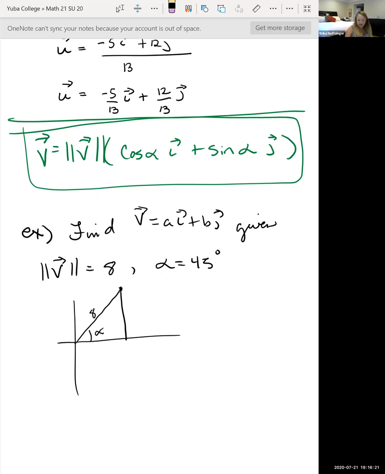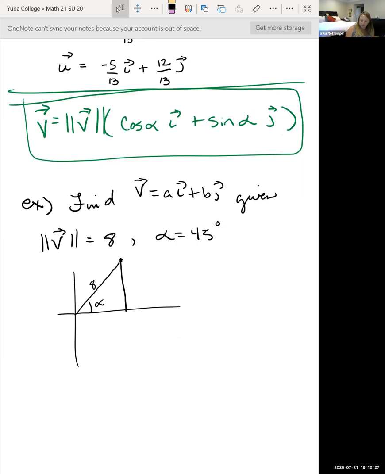So really you don't have to think about this formula. We should be able to do it without that. We don't know a couple of our sides, so think about the trig functions. If I want to figure out what x is here, or in our case they call it a, we know our alpha, which is 45, and we have our hypotenuse, and we want the adjacent.